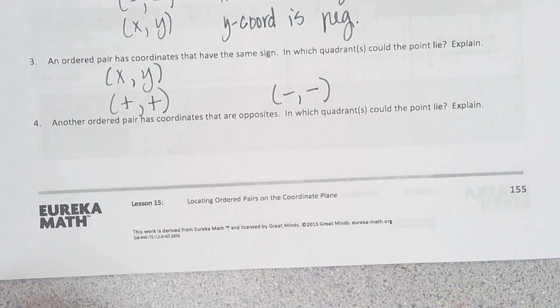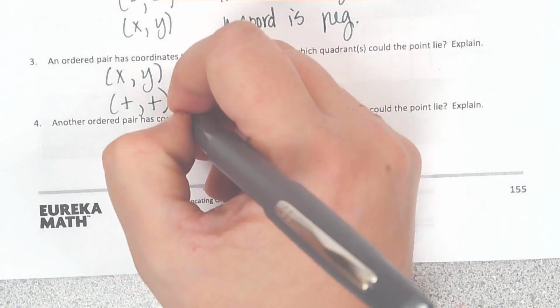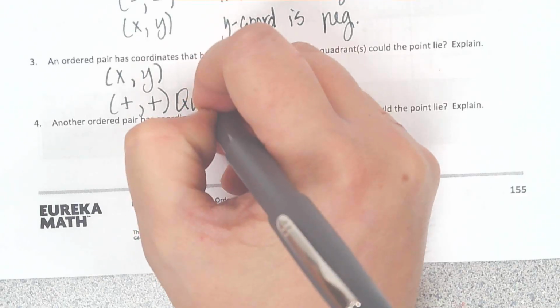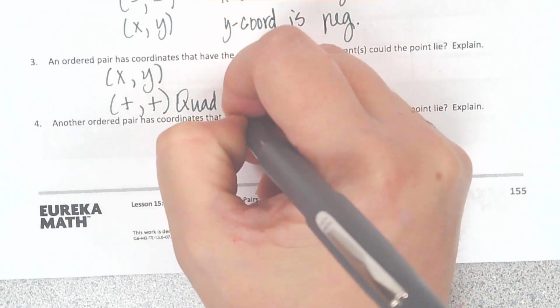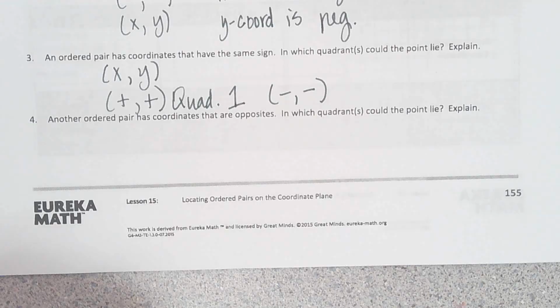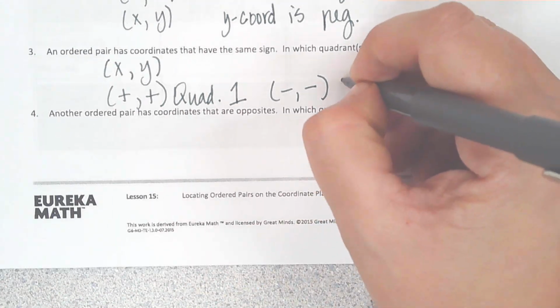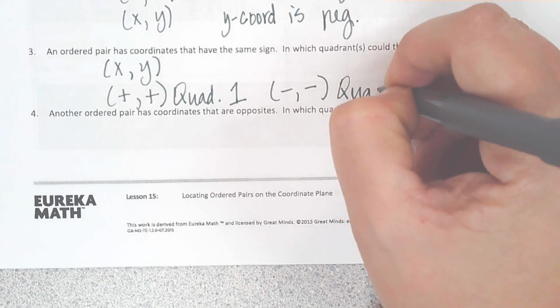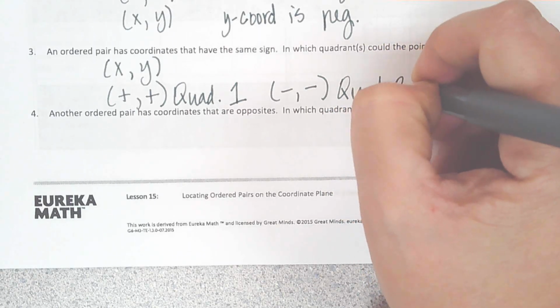And it says in which quadrants could those points lie? Quadrant 1 would be positive and positive. Quadrant 3 would be negative and negative.